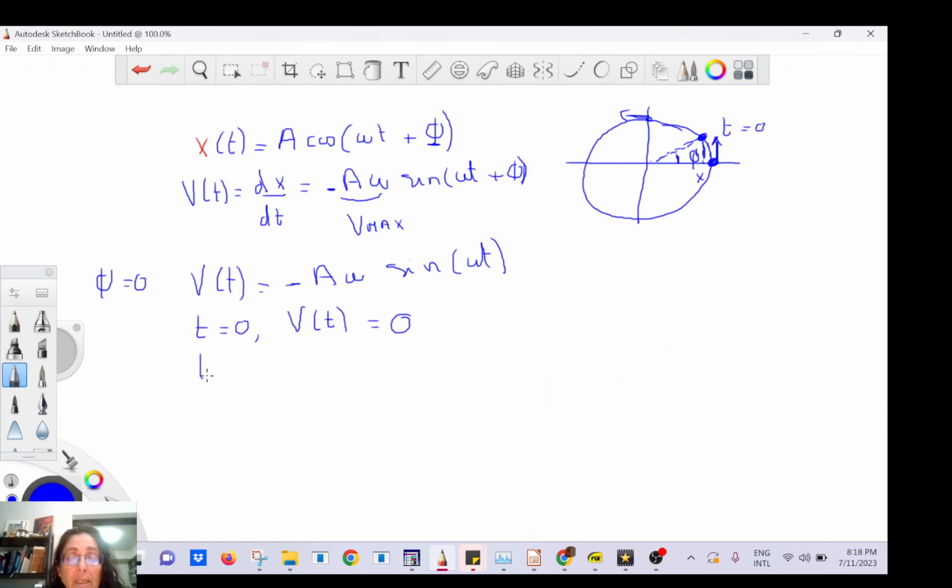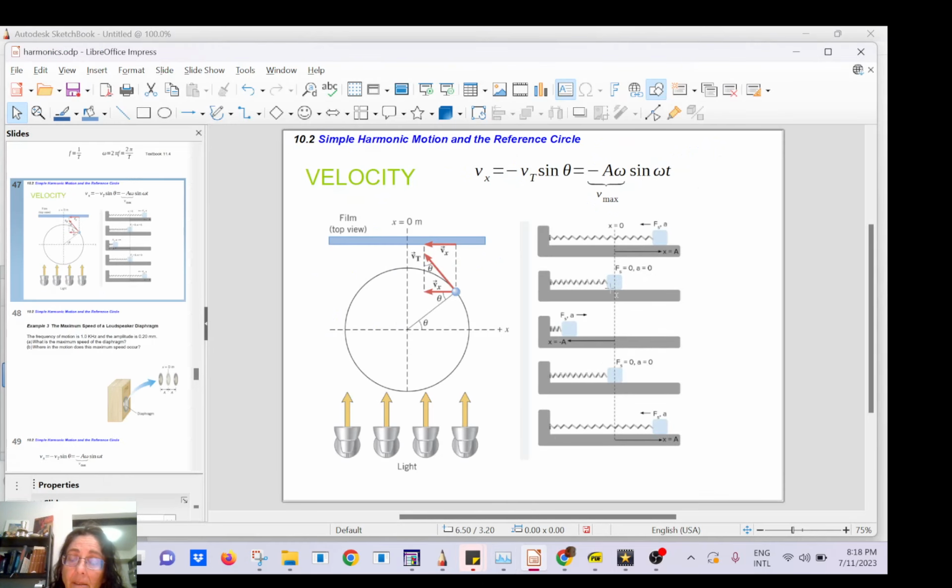Now you see that at t equals 1/4 of the period, so it's been moving, it's going through its equilibrium.